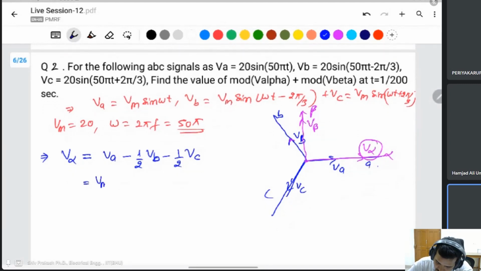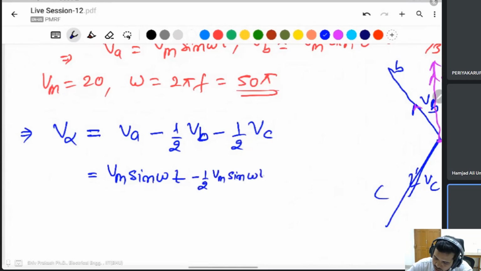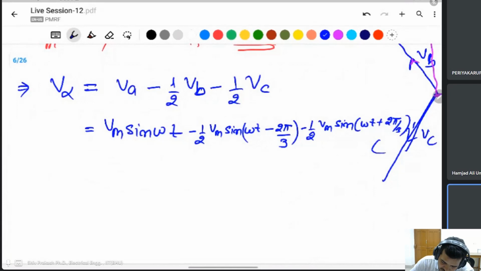VA is Vm sin omega t, minus half Vm sin of omega t minus 2 pi by 3, minus half Vm sin of omega t plus 2 pi by 3. Then for V alpha, Vm you can take common.